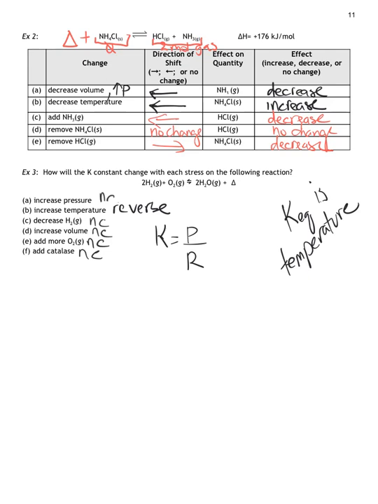So what happens to your K constant? It actually is decreasing. And so your K constant is going to result in a decrease. And that's the only thing that will change K in the end. So the reaction reversing will decrease your K constant.